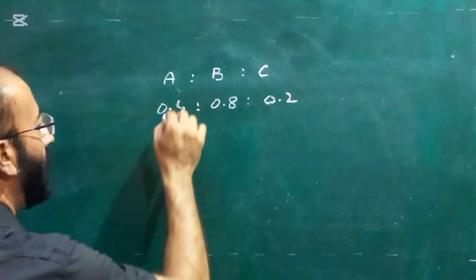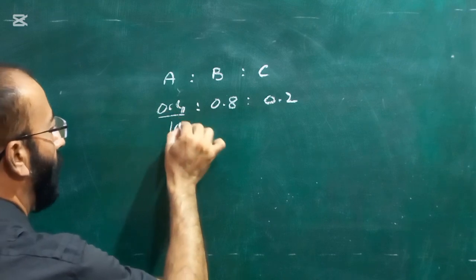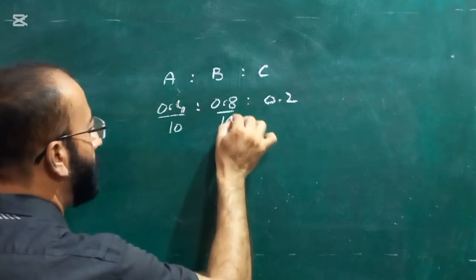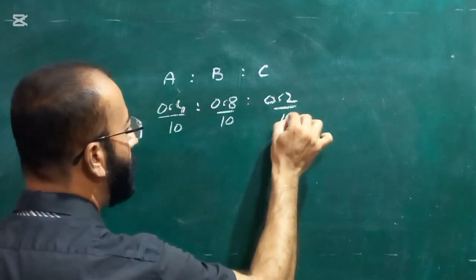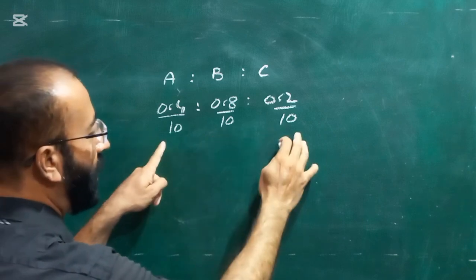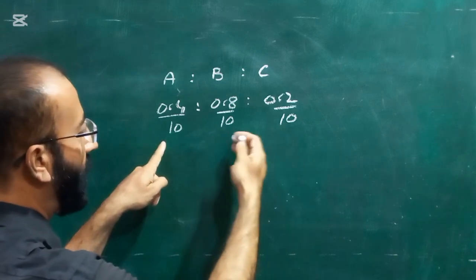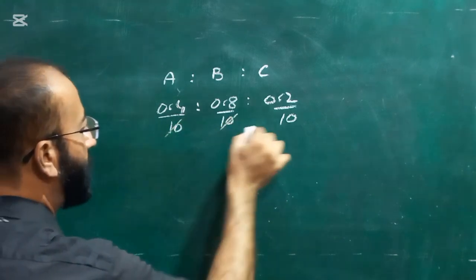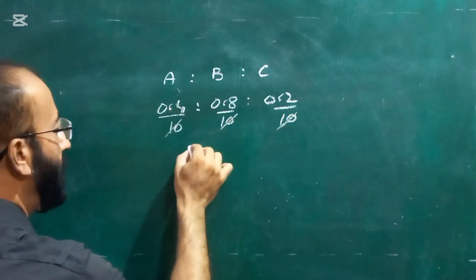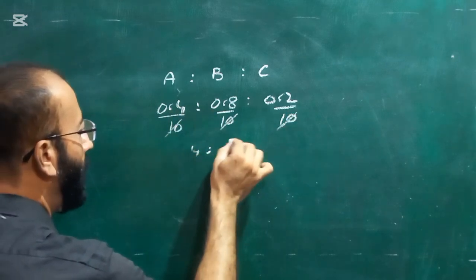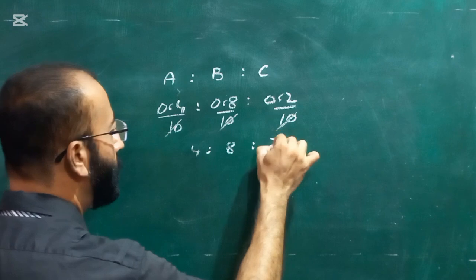So look now, the point will be removed in all three quantities. So the same value, 10, is in the denominator in all three values. So these will be cancelled, leaving behind 4 ratio 8 ratio 2.